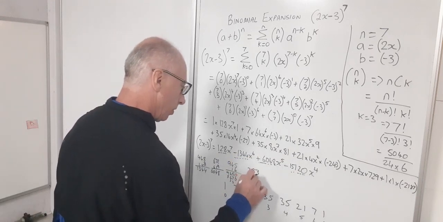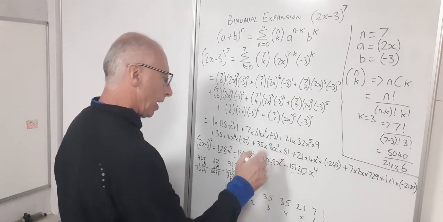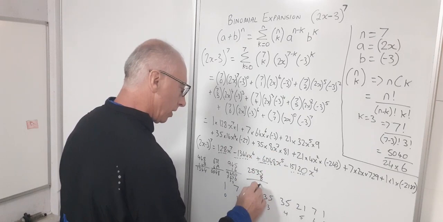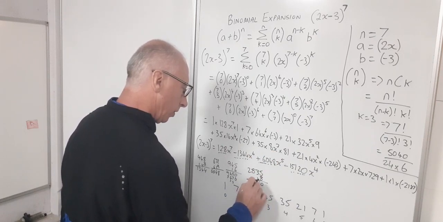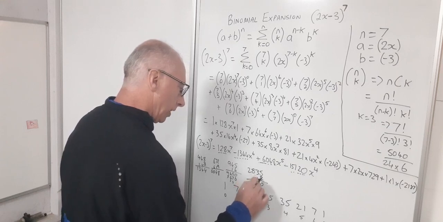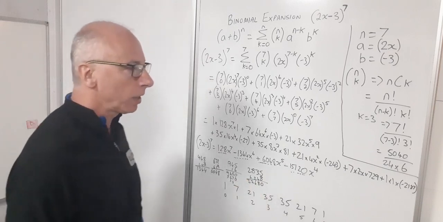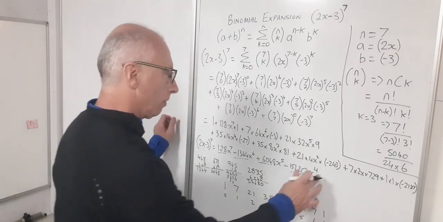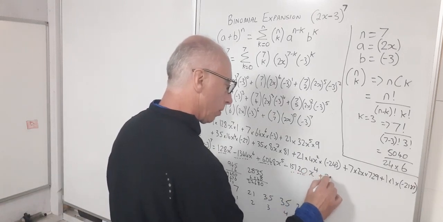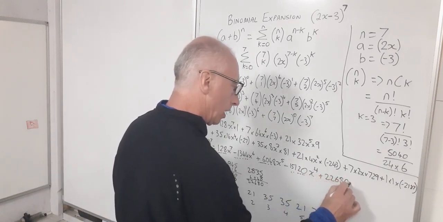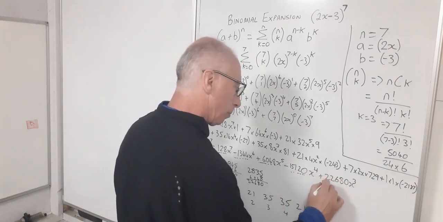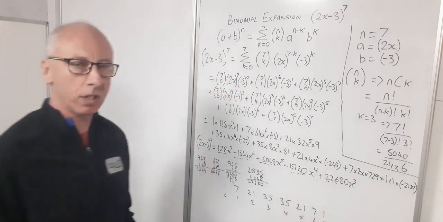So we've got 2835 times 8. 5 8s are 40, carry 4, 3 8s are 24, that's 28. 8 8s are 64 gives me 66. 2 8s are 16 gives me 22. So now we've got 22,680 for x cubed. So add 22,680 x cubed. So that's a positive, so that's the coefficient for x cubed.